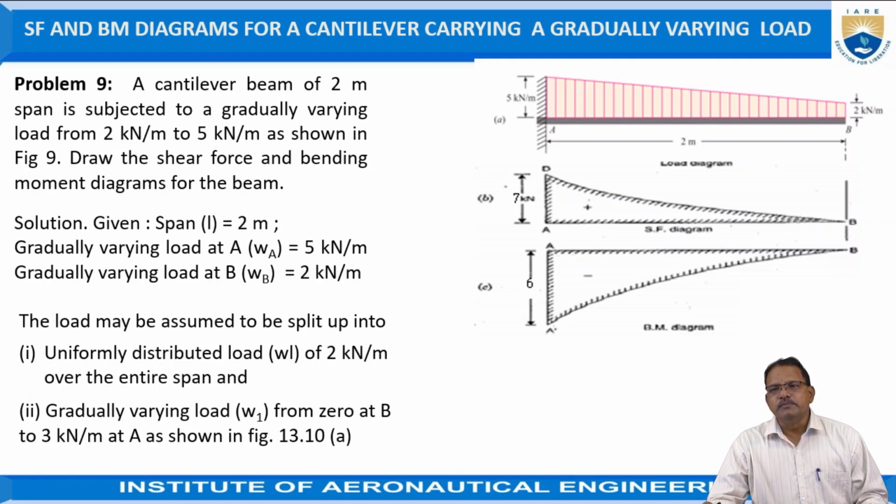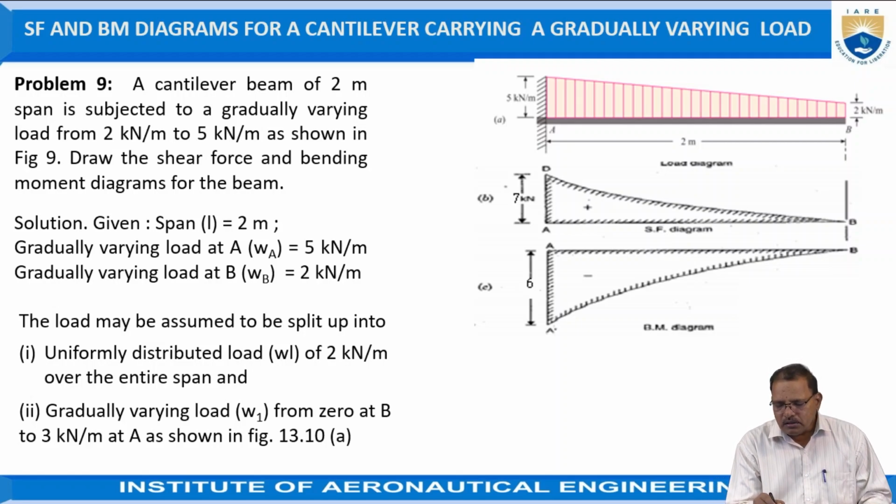Here if you observe this beam, one end is fixed. At one end it is having 2 kilonewton per meter, and the other end is 5 kilonewton per meter.